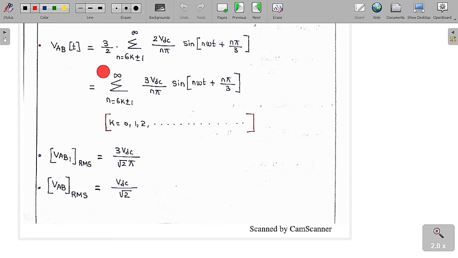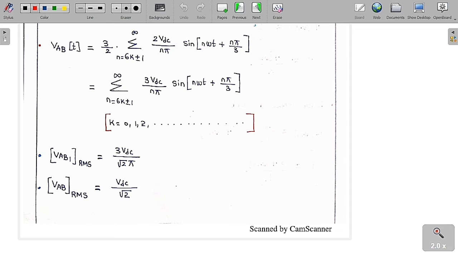Now I want to write the expression of the line voltage. The line voltage is a step waveform. After writing, we finally get 3 by 2 into sigma n is equal to 6k plus or minus 1 up to infinity 2 VDC by n pi into sin of n omega t plus n pi by 3. If you take 3 by 2 inside, we get sigma n is equal to 6k plus or minus 1 up to infinity 3 VDC by n pi into sin of n omega t plus n pi by 3.